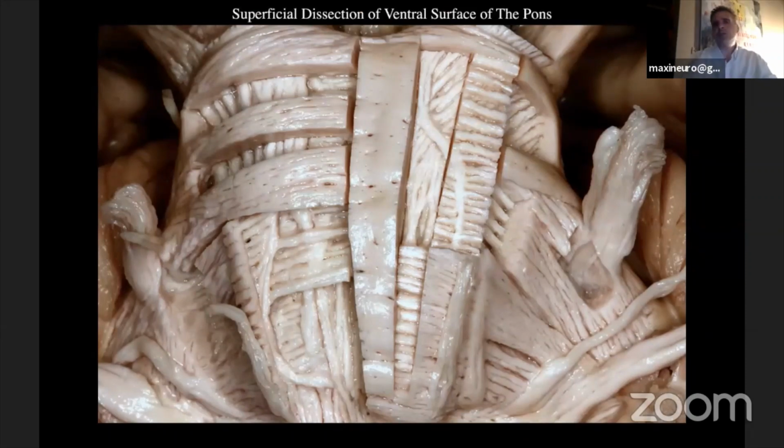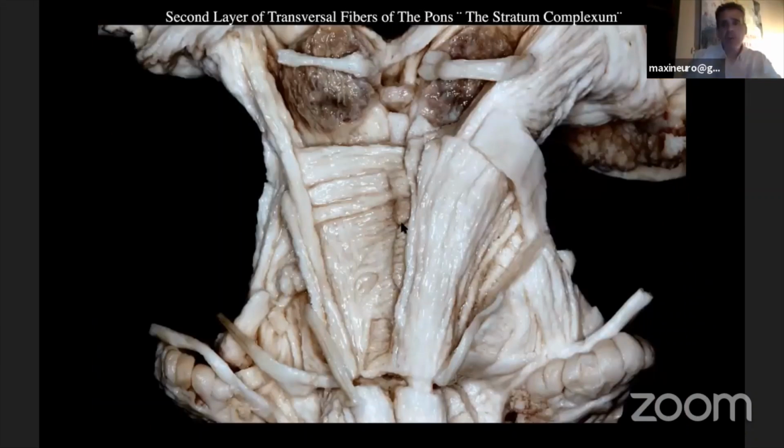I want to show you now, if you dissect the more superficial layer of the pons, you can reach the stratum complexum. The stratum complexum of the brainstem in this part, in the pons, is the more medial transversal fibers. They connect one side to the opposite side of the cerebellum.